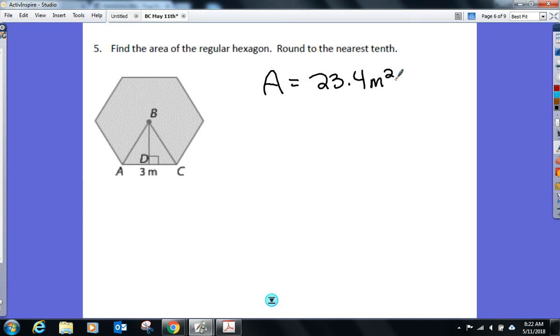You guys are not forced to use 1/2 AP if you don't want to. It's just a different way of getting to it.